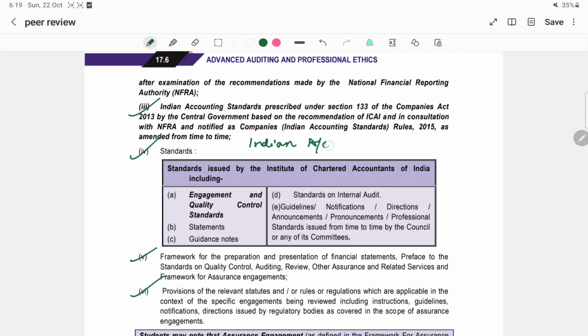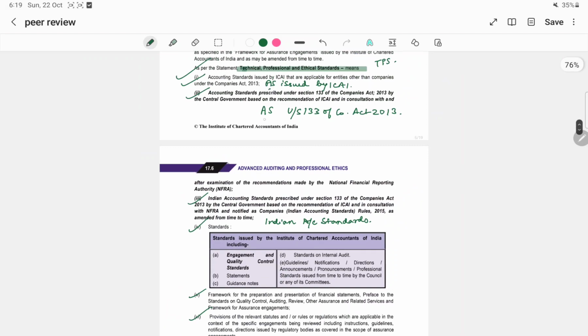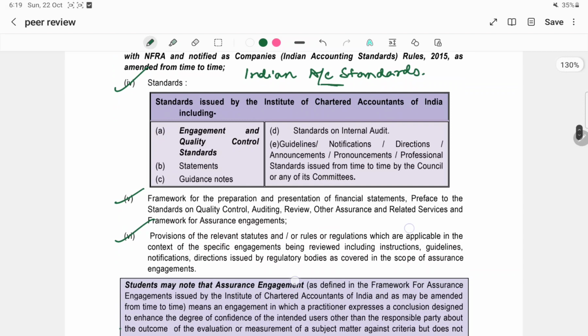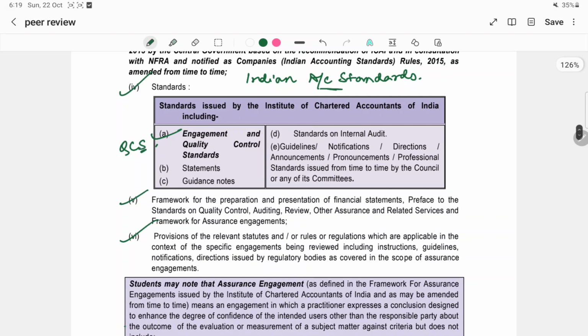So basically it's almost talking about the standards and the guidelines. So here also it was accounting standards, here also accounting standards. Now this will be QCS, engagement and quality control standards. So this is again standards, this is again standards on internal audit.